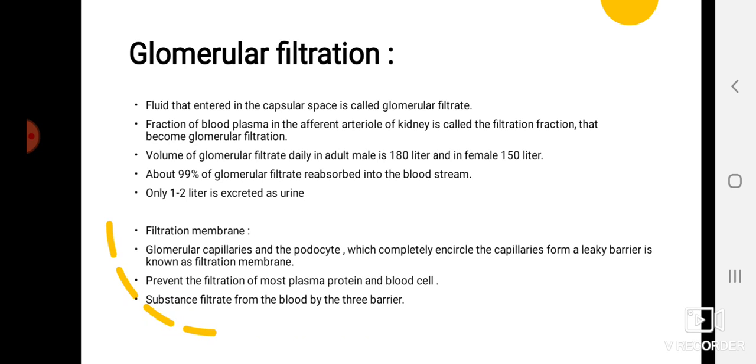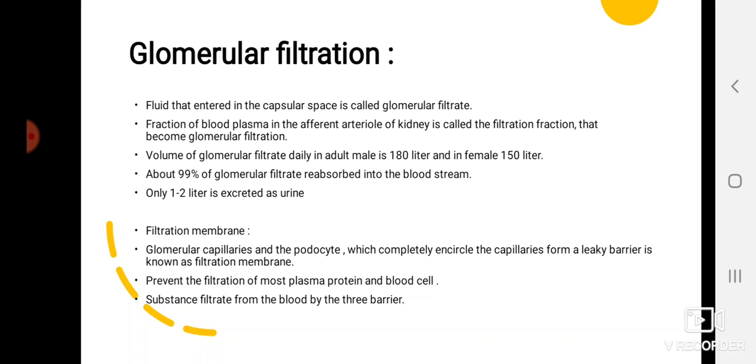About 99% of the glomerular filtrate is reabsorbed into the bloodstream, which we will discuss in the next lectures, so wait for that. Only 1 to 2 liters is excreted as urine.